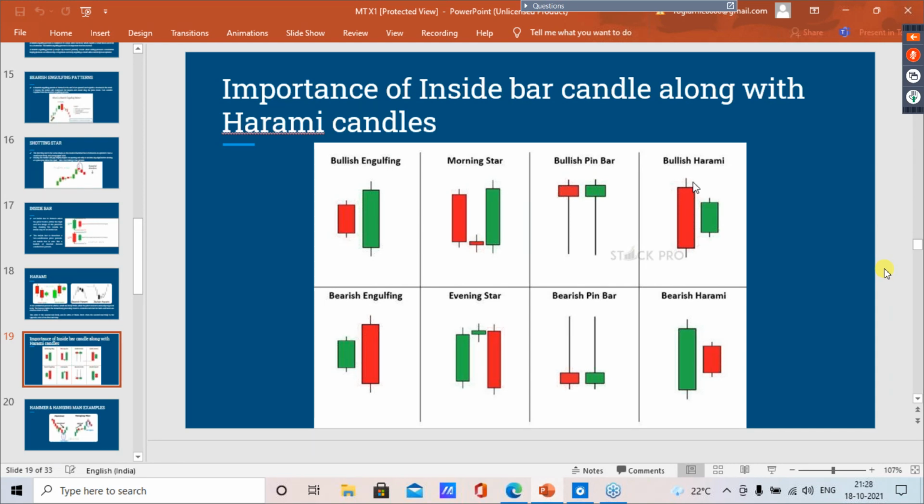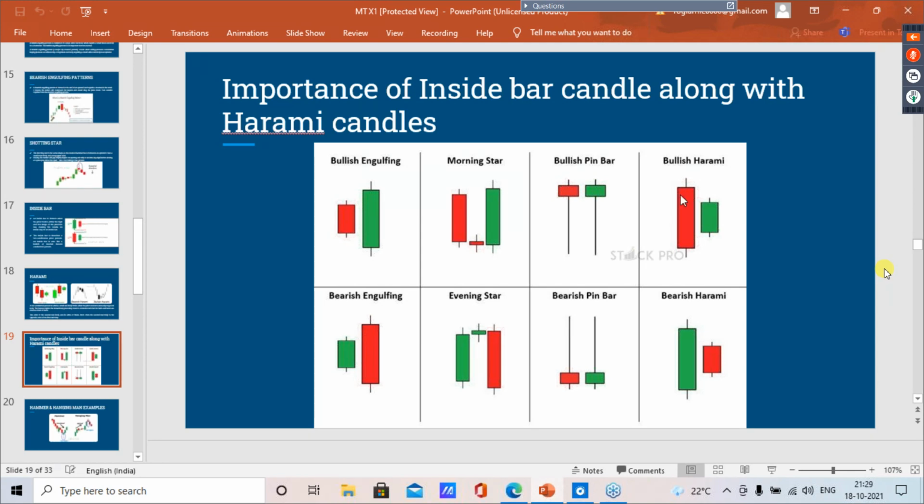Once you have this formation, you will mark the high and low of it. Once the high breaks, you will enter a buy trade. The color coding, you just remember RG. First one is red, second is green.